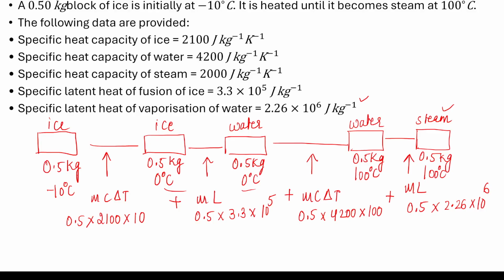Let's just see. So 0.5 times 2100 times 10, which is 0.5 times 21,000, plus 0.5 times 3.3 times 10 to the power 5, plus, if you are faster than me, then brilliant, 0.5 times 4200 times 100, plus 0.5 times 2.26 times 10 to the power 6, equals, I have 1515500.